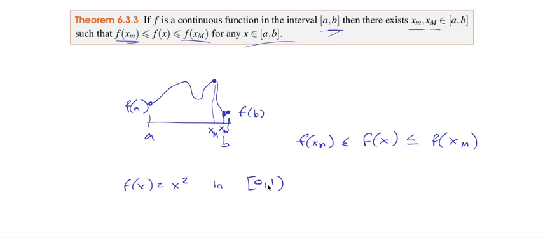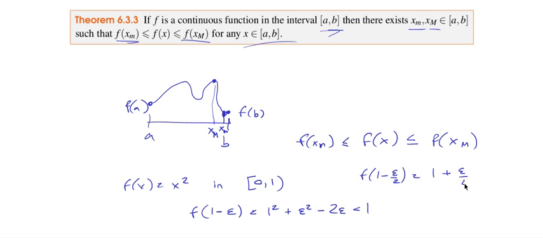If we think about any value f of 1 minus epsilon, it's going to be 1 squared plus epsilon squared minus 2 epsilon, which is going to be smaller than 1. So if we choose, for instance, 1 minus epsilon divided by 2, this is 1 plus epsilon over 2 squared minus epsilon. This is going to be greater than this.